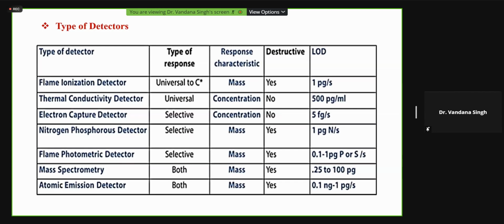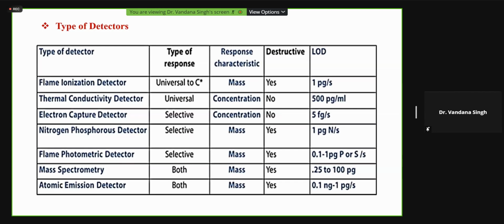Generally the artifacts that we associate with a bad chromatogram are due to the carrier gas flow rate. If there is a problem with the flow rate of the gas, or due to the column length and internal diameter, that also we have to optimize according to the analyte or sample, like which is the optimum length and internal diameter of the column.